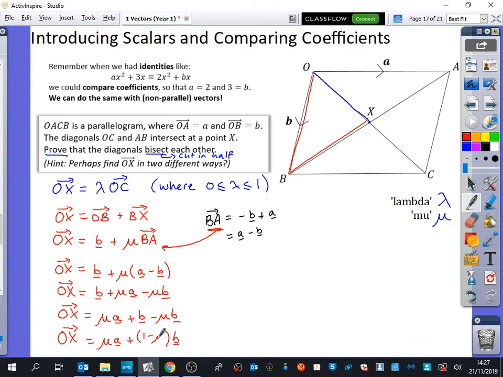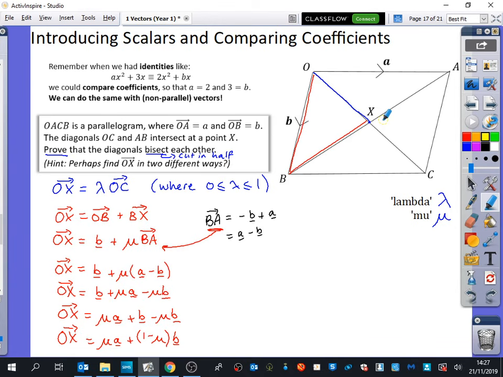1 minus mu. Okay, let's just pause for a second and take stock of what we've done. Because we're trying to prove that the diagonals bisect each other, we had to journey along both of the diagonals for that to make any kind of sense. We couldn't just do it going along one of the diagonals, because that's not proving anything. It needs to involve both of the diagonals if we're going to prove that they bisect each other.